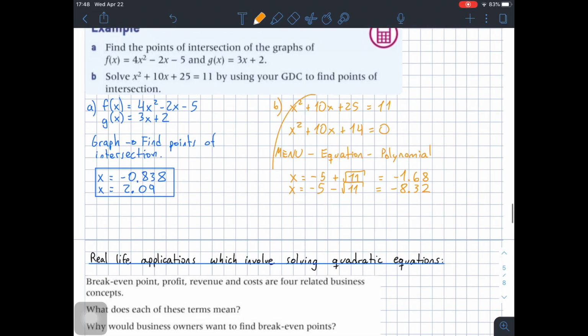Okay, one thing I wanted to show you for this particular exercise is that you can also solve this using the graphing method. I just want to show you that you'll get the same result.